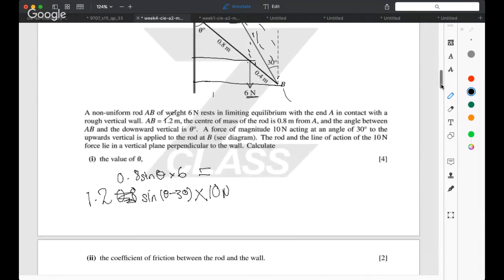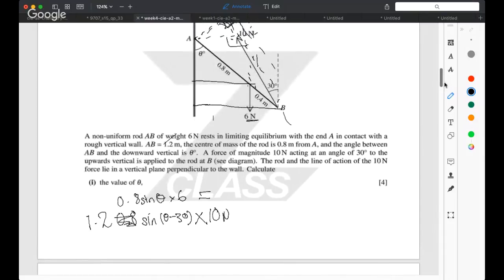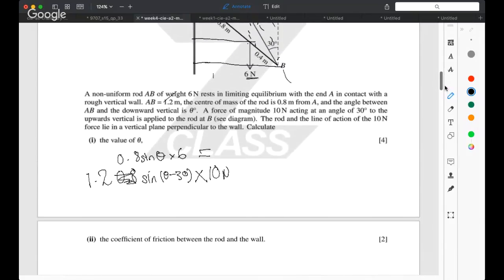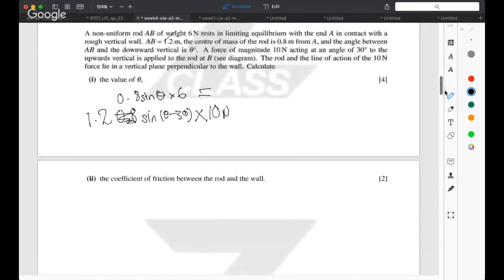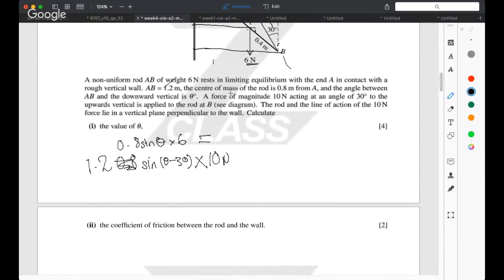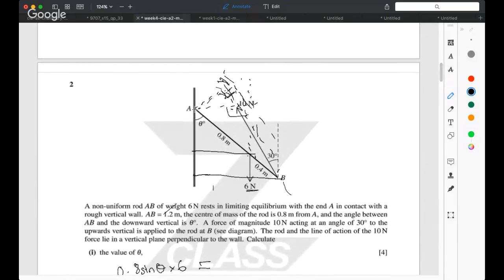So you'll have mu, which is the coefficient of friction, times the contact force, with everything in equilibrium. So how do you calculate the coefficient of friction? In general, mu times N.